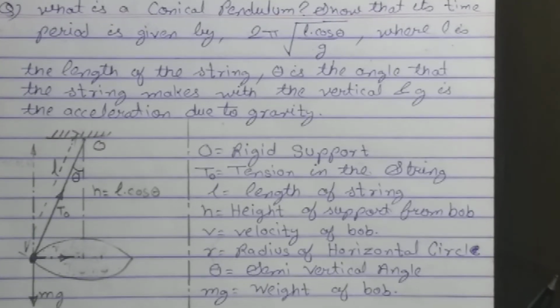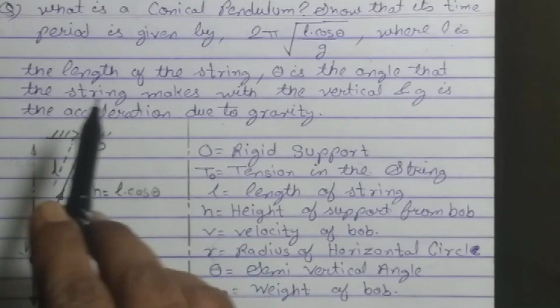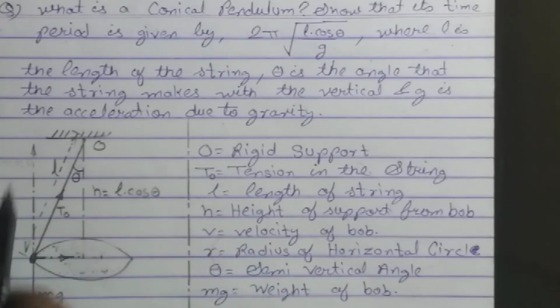In the displaced position, there are two forces acting on the bob. The bob is performing uniform circular motion, and the total system looks like a cone.